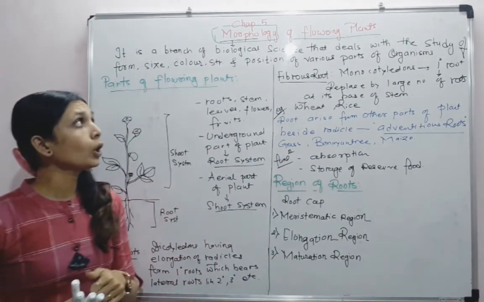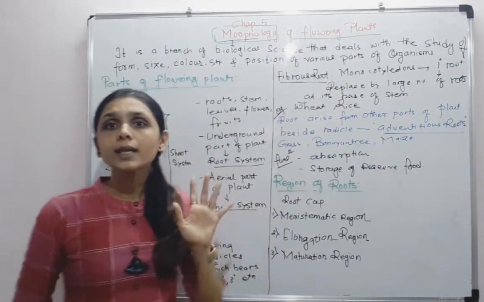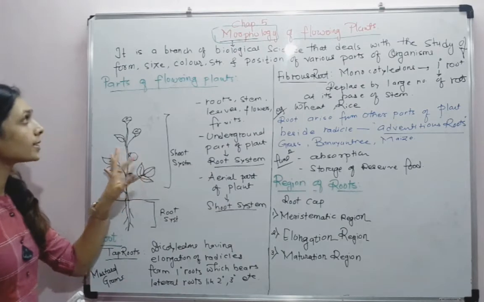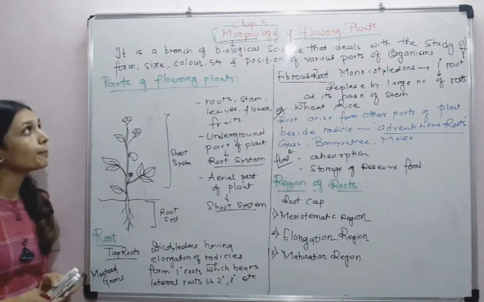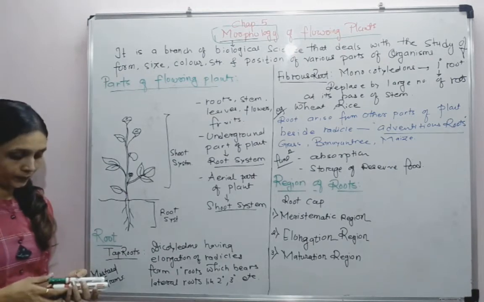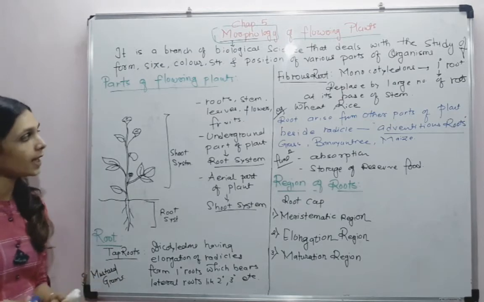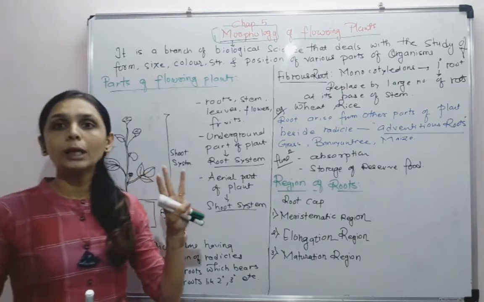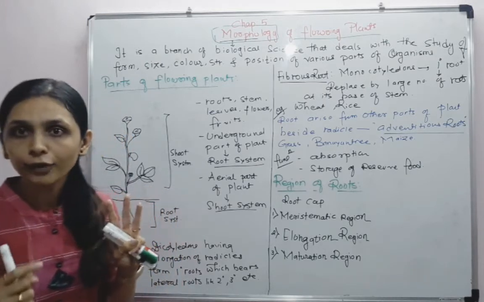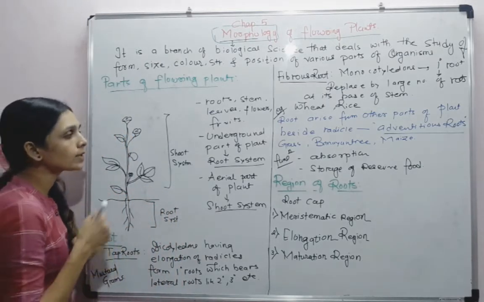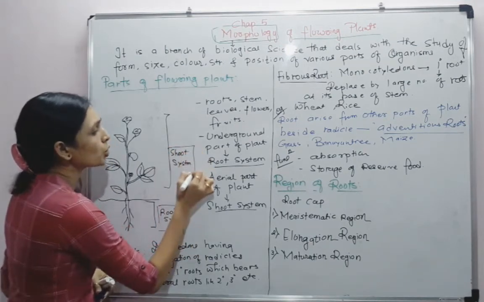If we talk about the morphology of flowering plants, the first thing that comes to mind is, what are the parts of the flowering plant? We can say there are mainly three parts: root, stem and leaf. We have two systems: the root system and the shoot system.